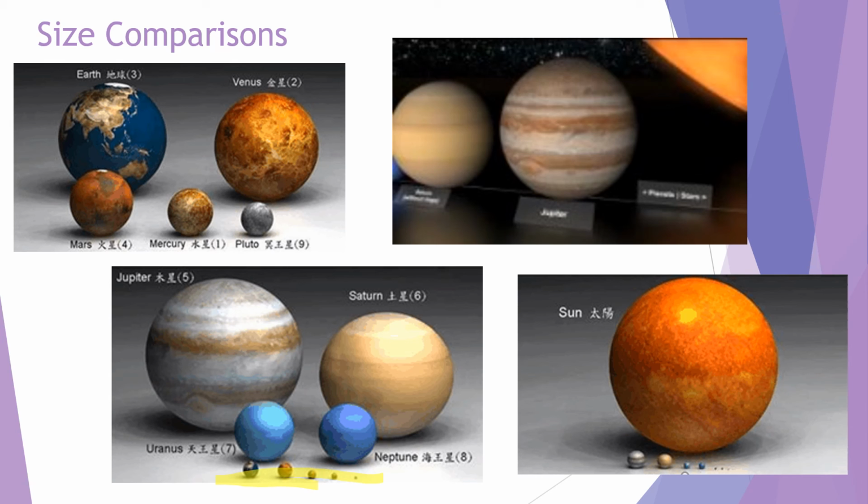You'll notice the difference in size between, say, Earth and Jupiter. This last diagram compares all the planet sizes to the size of the sun. Jupiter down here looks very small in comparison to the sun. You can only imagine Mercury's size; you can hardly even see it in the diagram. There's also a video here for you to see and compare planet and star sizes.